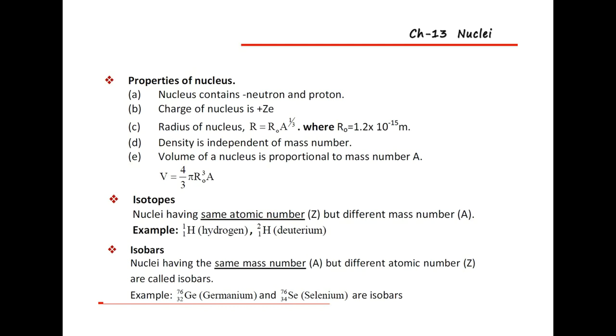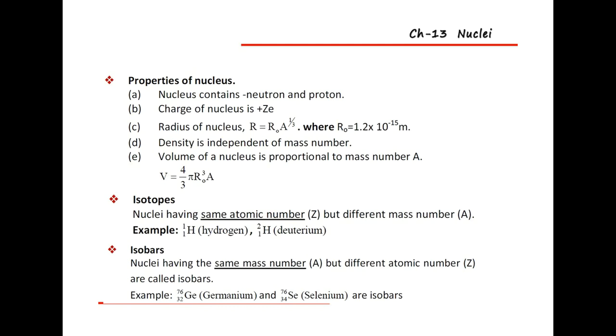Next is isotopes. What is meant by isotopes? Isotopes are nuclei having the same atomic number Z but different mass number A. For example, hydrogen 1 and deuterium 2.